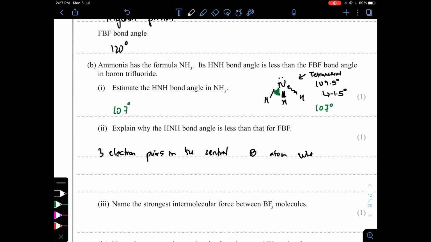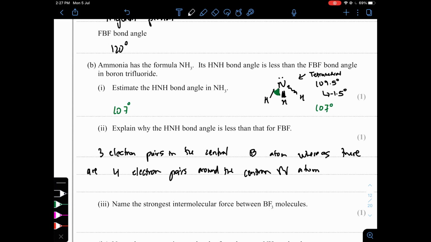Whereas there are 4 electron pairs around the central nitrogen atom.